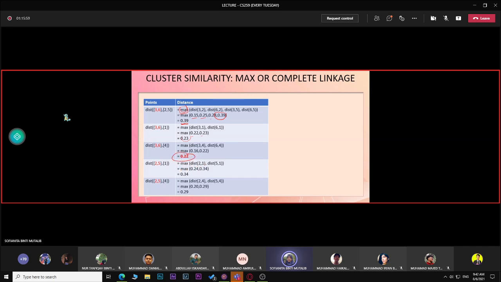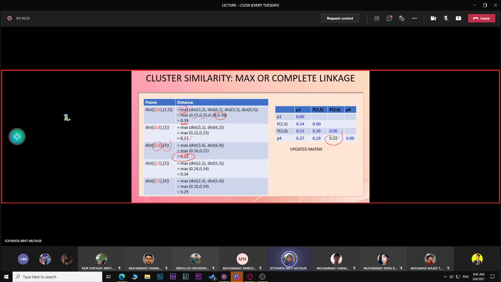That's why 0.22 has been chosen, and the new cluster to be formed is within 3, 6, and 4. Okay, let's have a look at it. So here is the new, updated matrix, and objects 3, 6, and 4 are chosen to be merged as a new cluster.